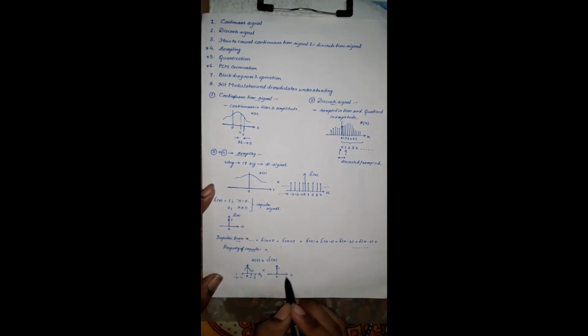So without the position at n equal to 0, the impulse has 0 values, and these 0 values will be multiplied with the finite values of the x(t) signal that are not present at n equal to 0.